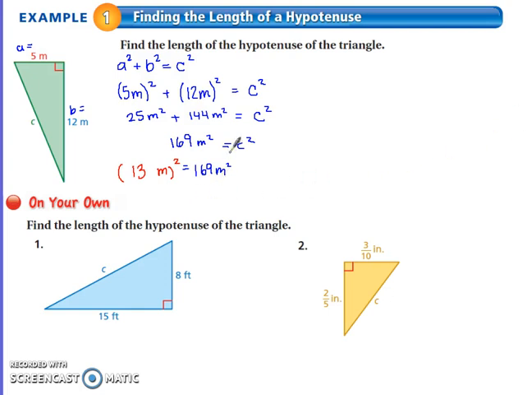So therefore, if C raised to the second power gives me 169 square meters, then just C is going to be 13 meters. So the length of the hypotenuse in this example is 13 meters. Go ahead and take a moment to pause the video and try on your own numbers 1 and 2 on your own or with your table.